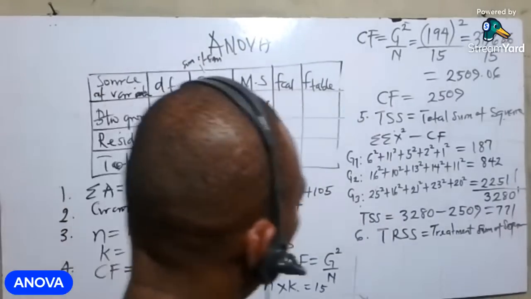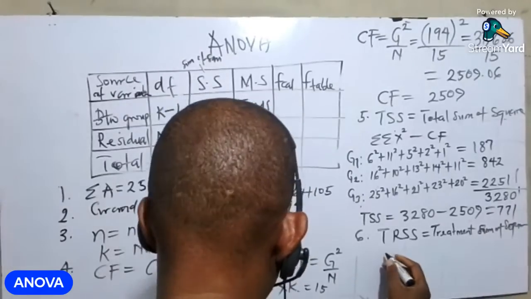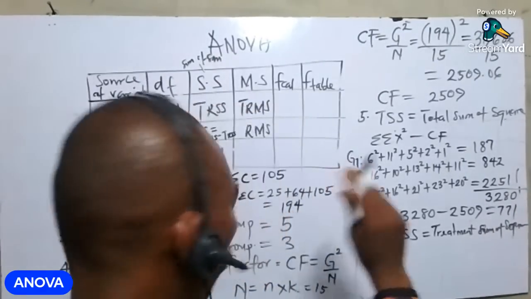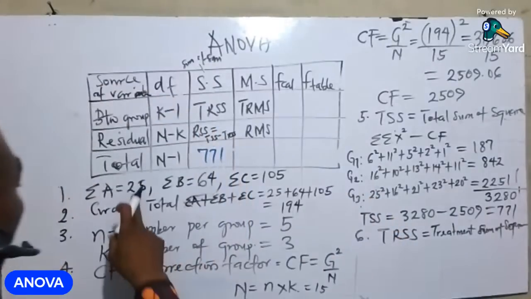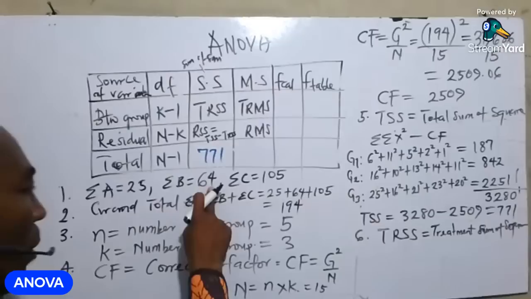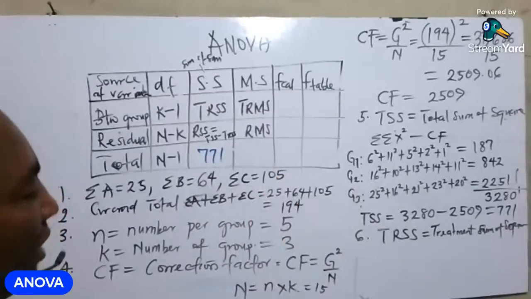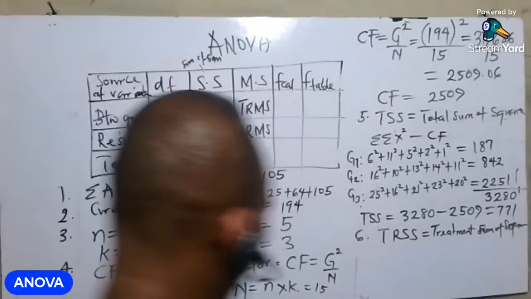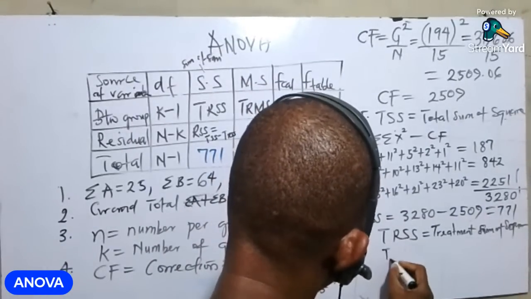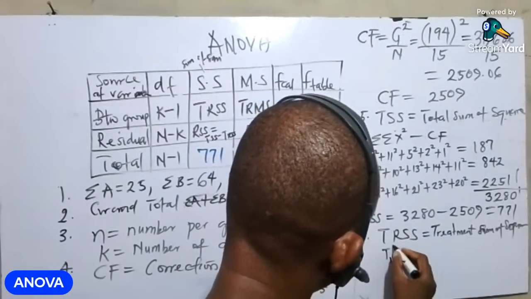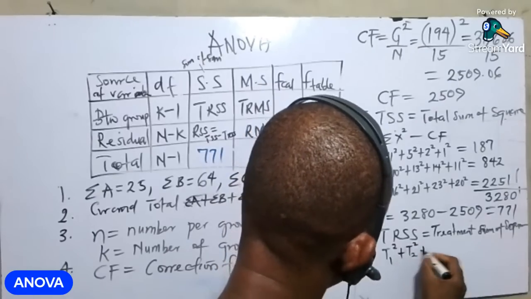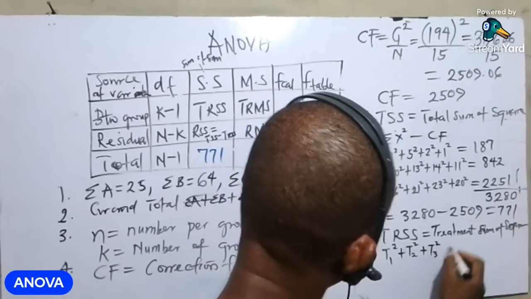So to get the treatment sum of the square, we say is equals the square of the sum of this, plus square of the sum of this, plus square of the sum of this. So that is the grand total for group 1, square it, plus the grand total for group 2, square it, plus the grand total for group 3 and square it.